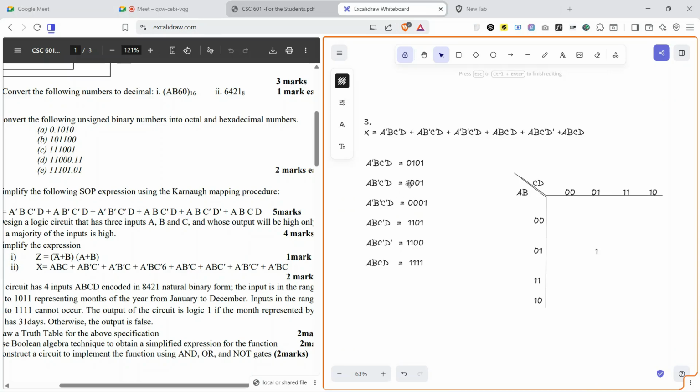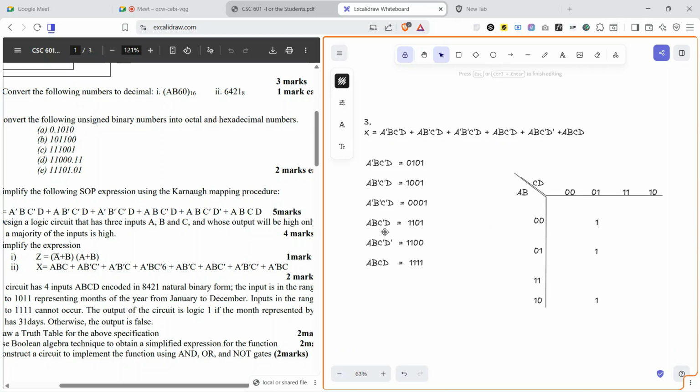Then the next one is 1001. This place also you write a 1. Then the next one is 0001. You write a 1.